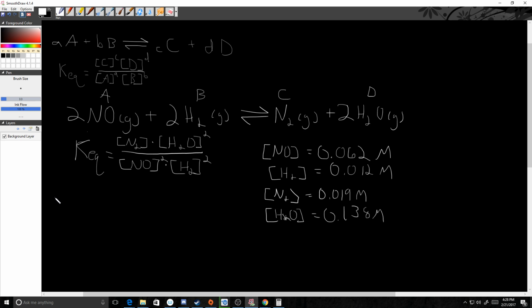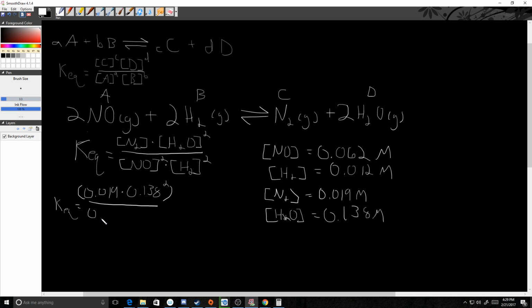The KEQ is going to be equal to the concentration of N2, so 0.019, times the concentration of the H2O, but I have to square that one. So I'm going to put the square sign up there, and put parentheses to make sure I get my PEMDAS right. That's over the concentration of the NO.